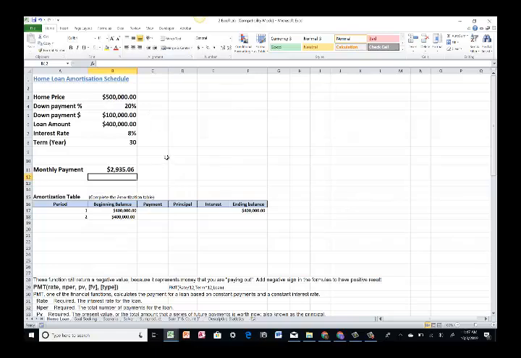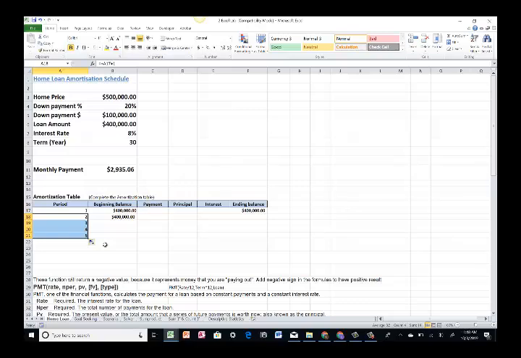Now we can put the rest of the amortization table together. Let's start with month 1. The period in the first column is the order of the months. So this is month 1, month 2, and I can have months 3, 4, and 5 as well.